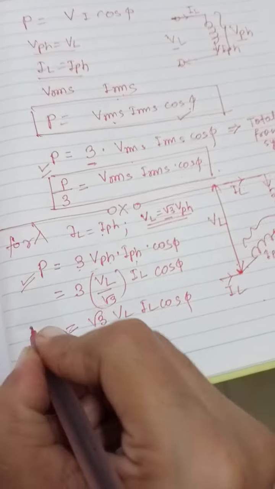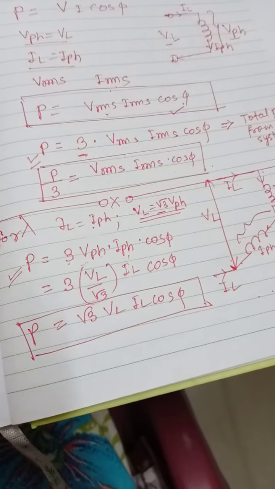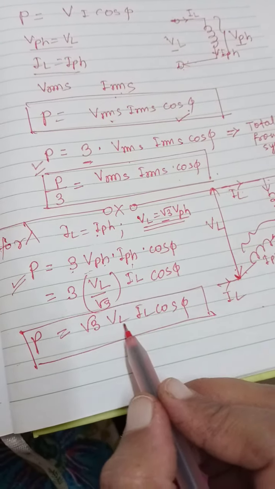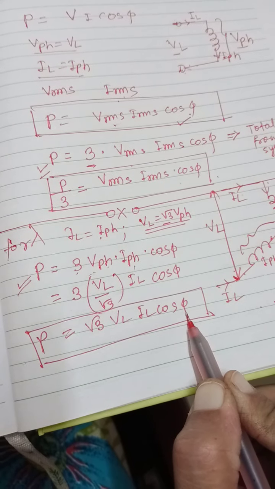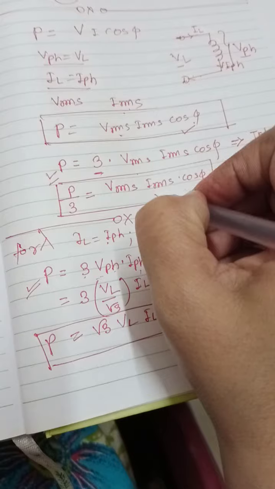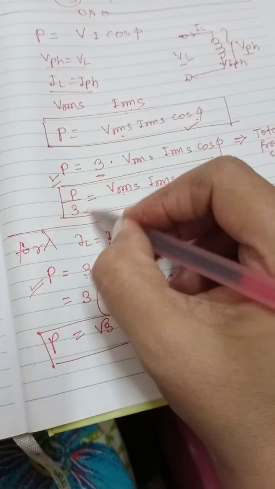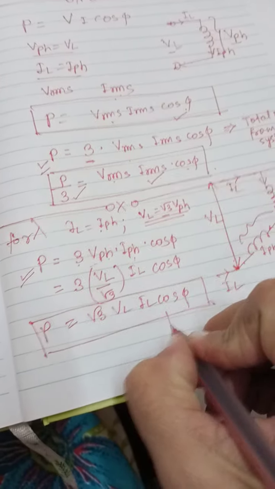At that time you can say that the power for the star connected 3 phase system is P is equal to root 3 VL IL cos phi. Get it? When you write this equation in terms of the RMS value, it becomes Vrms Irms cos phi for a per phase system. This is the total power.